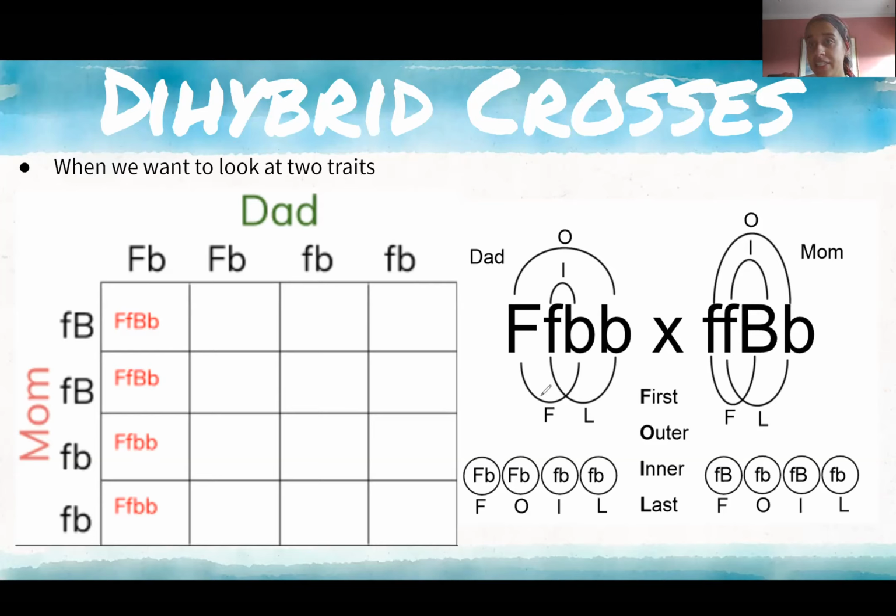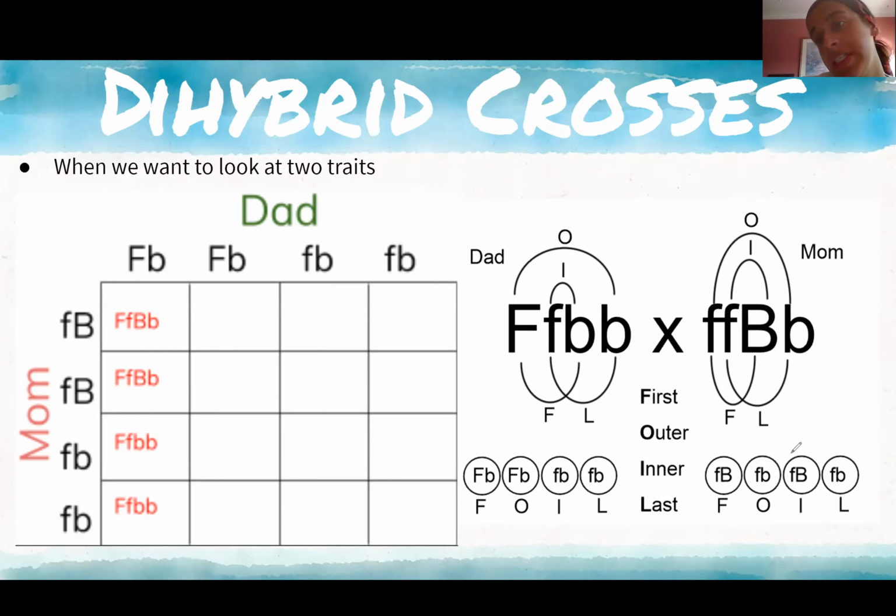Unless the problem tells us that they are linked together, that they're on the same chromosome, you're going to assume that big F doesn't always have to go with specifically one of these smaller b's for dad. It can go with either of them just as likely. So there's no preference for which allele of the other type it's going to go with. So you end up with all these different combinations of the two traits, and same thing for mom.